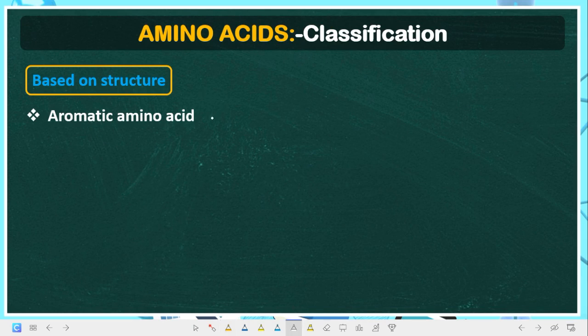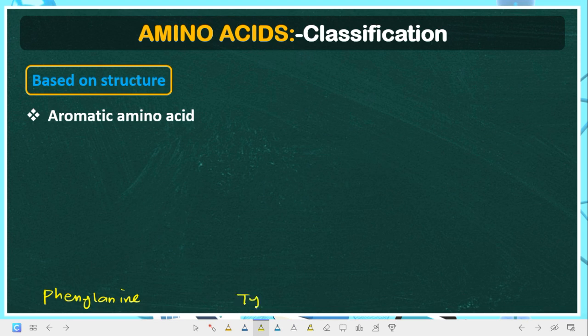Aromatic amino acid. Now, when we talk about aromatic, most times we usually sense benzene structure first before anything. So under the aromatic amino acid, we have 2 to be classified under there. What will be their name? Phenylalanine and tyrosine. There is only one difference between them.